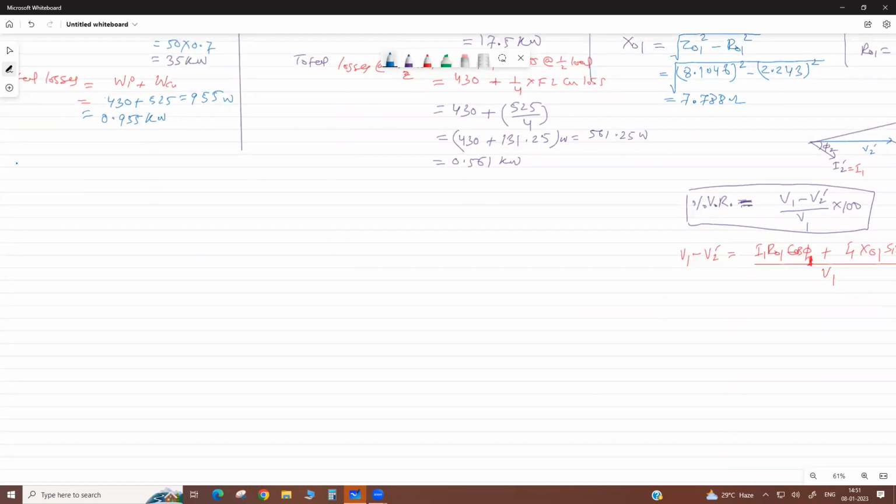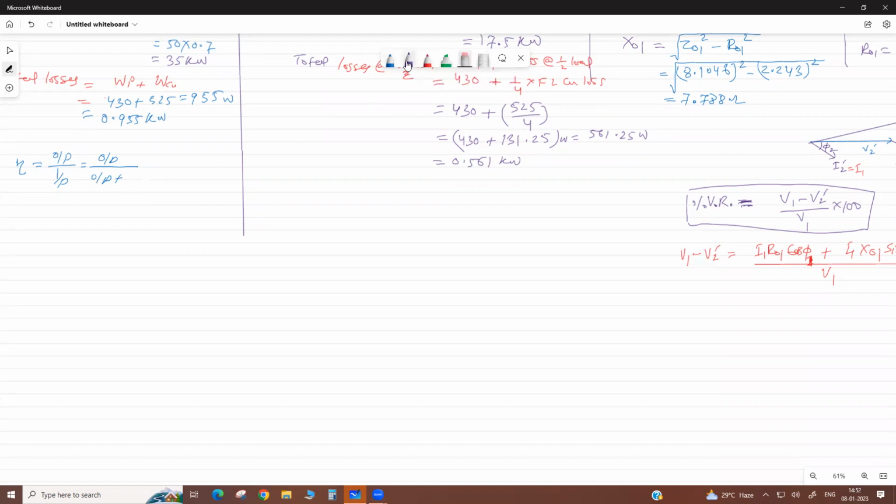Now, efficiency. Output of transformer divided by input, and that is output divided by output plus total losses.